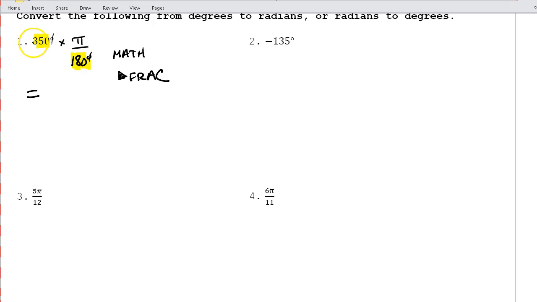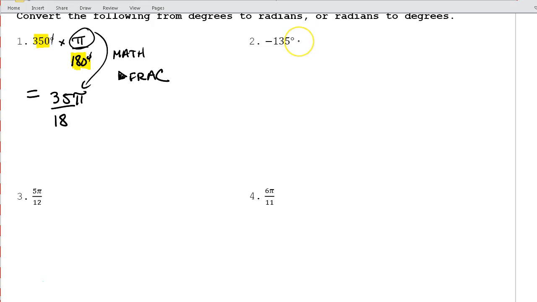So again, 350 divided by 180 turns out to be 35/18, and then we just bring the pi down. So 350 degrees is 35 pi over 18.